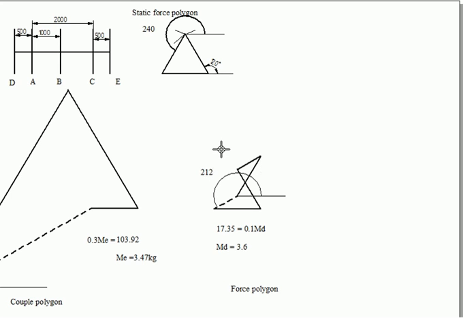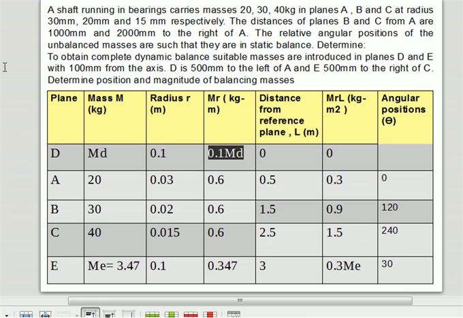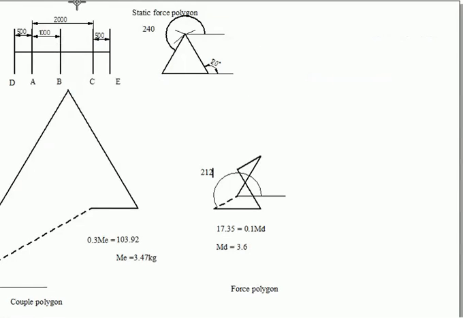So this angle will be 212, and mass of D you will get 3.6. Now I can construct one more final diagram here, that is space diagram indicating position of all the masses.